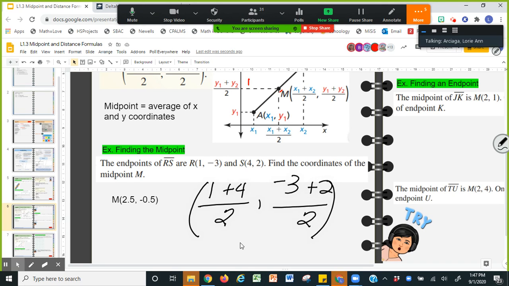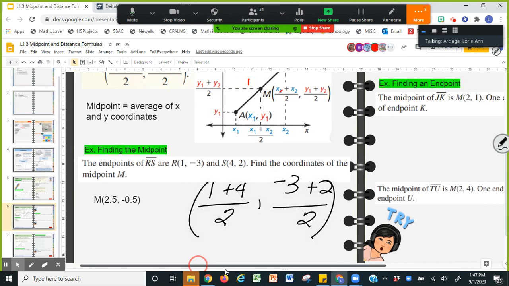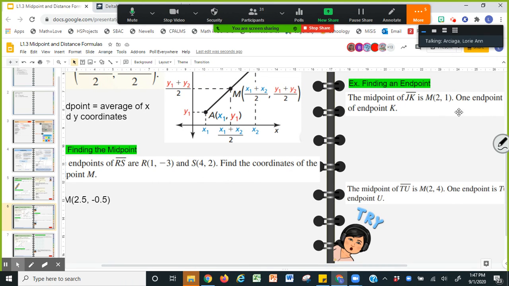So 1 plus 4 is 5. 5 divided by 2 is 2.5. While here, negative 3 plus 2 is negative 1. Negative 1 divided by 2 is negative 0.5. Does that make sense? Is it simple? Easy? Yes? Cool. Okay. So let me clear that ink and move on.